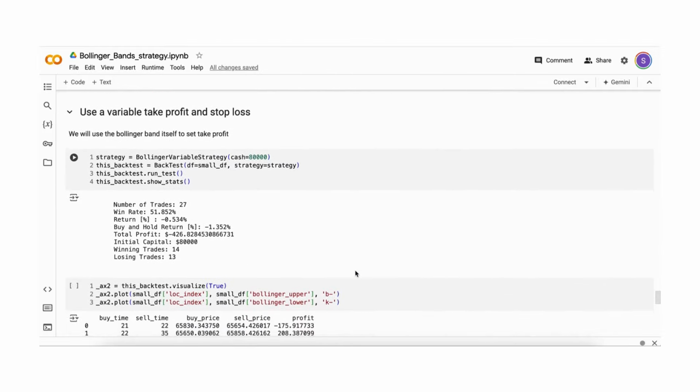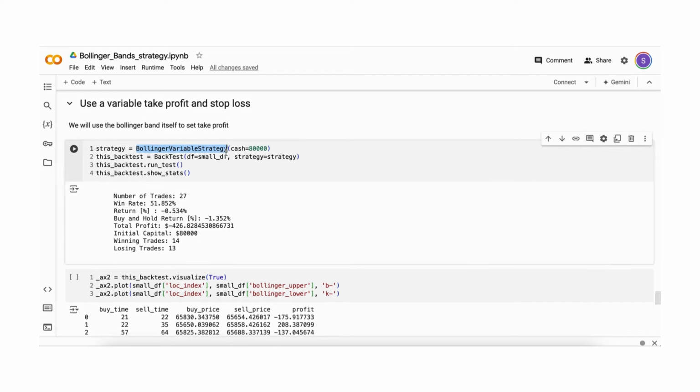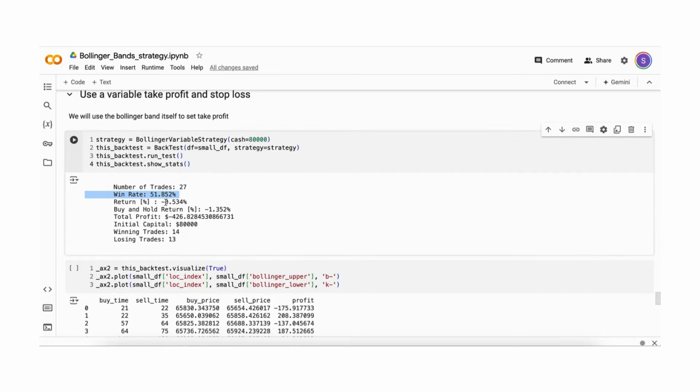I will talk a little bit about what I think about this strategy, but let's look at another version of this strategy. In this version, this is a variable version of the strategy where I take the profit and the stop loss not fixed, but based on the Bollinger Band itself. Again, this leads to a slightly better win rate of 51%, but it takes way more trades.